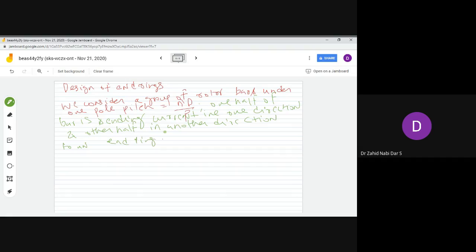End rings are basically the shorting of the bars at the end. If you analyze a squirrel cage induction motor, it is shorted at the end. You can see the images of it, and in the lab also you can see.